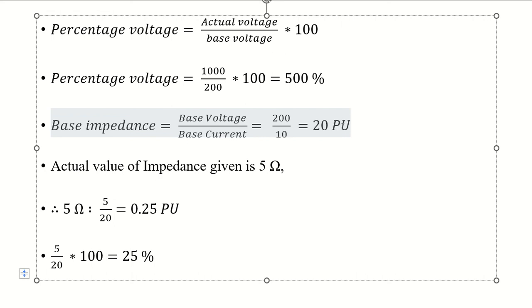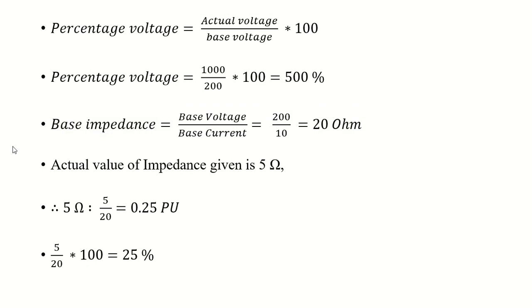So for base impedance, this is not a per unit impedance, this is base impedance, so the unit of it will be ohm. It will not be per unit, because we are taking ratio of voltage with current. So it will be ohm.